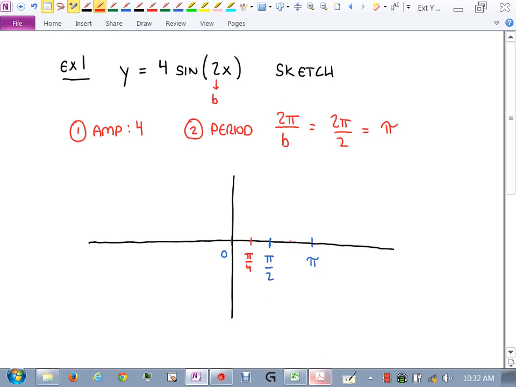And then there was also this point right here, which was halfway between these two. What's that? 3 pi over 4.